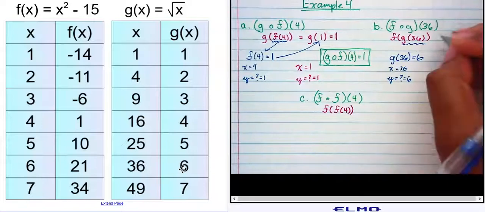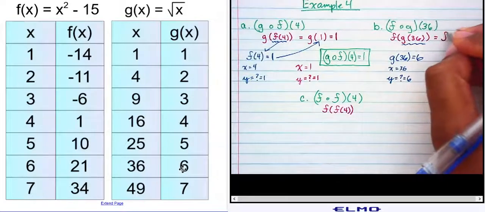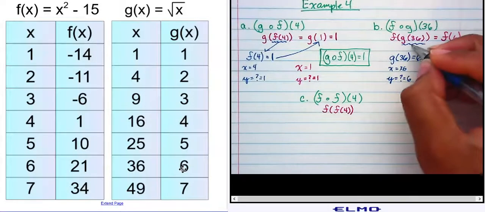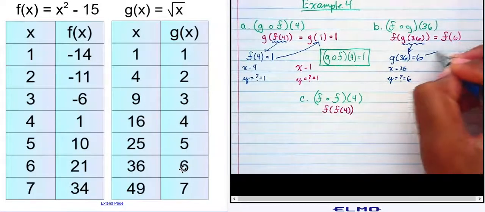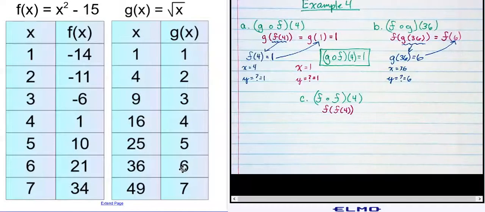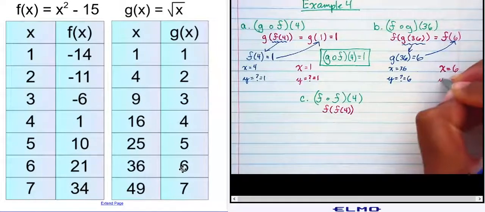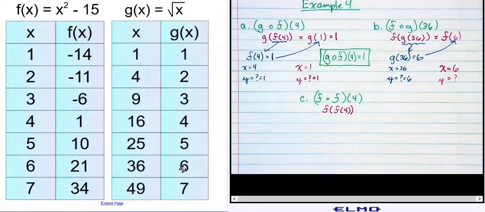So here we do f of 6. And again, as a reminder, this is what we did. So we just replaced the g of 36 with 6. So when x equals 6, what is your y value is what we're looking for here. So here, f of x, when x equals 6, your y value is 21. 21.